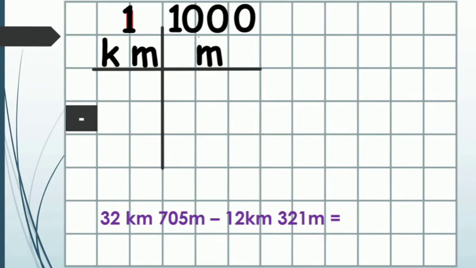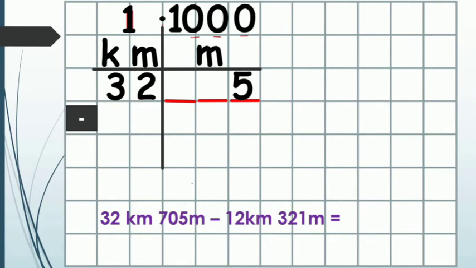There are 1, 2, 3 zeros. So we need to write 3 numbers in the meter house. So this is the middle line. It shows you the decimal point. Okay. So here we must write 3 numbers because there are 3 zeros. Okay, now 32 kilometer.